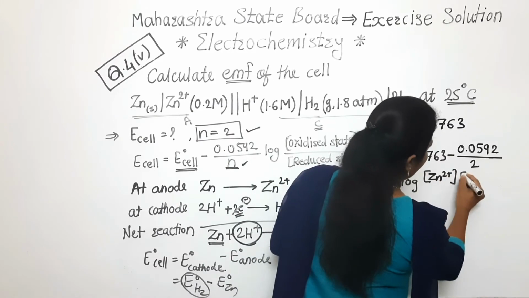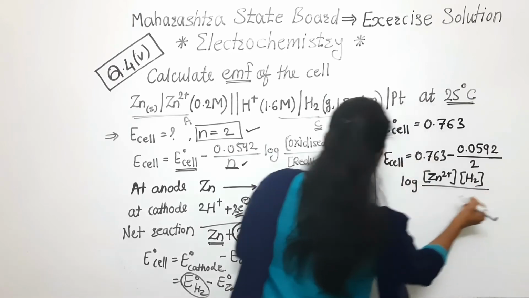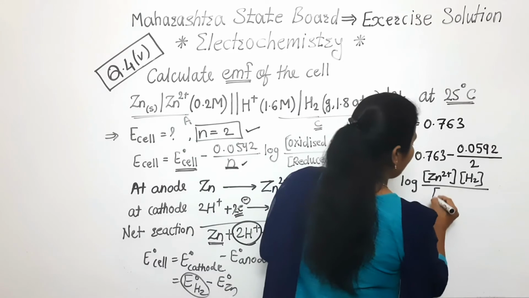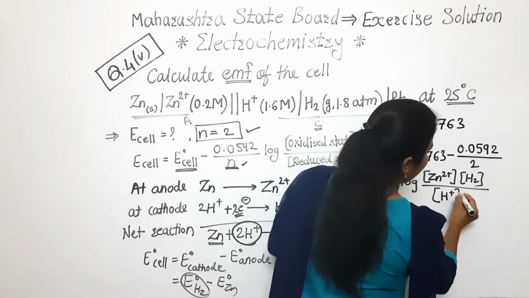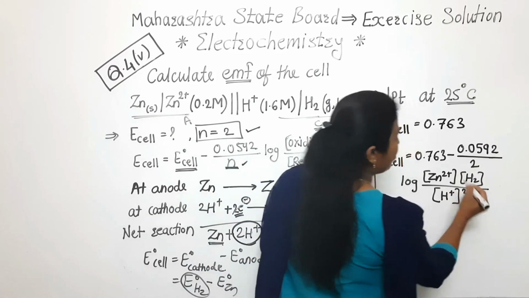Zn2+ into H2 that we have written, and the reduced state is 2H+. When we are writing, here that will be H+, and 2 moles are there, that we have to write as a power.